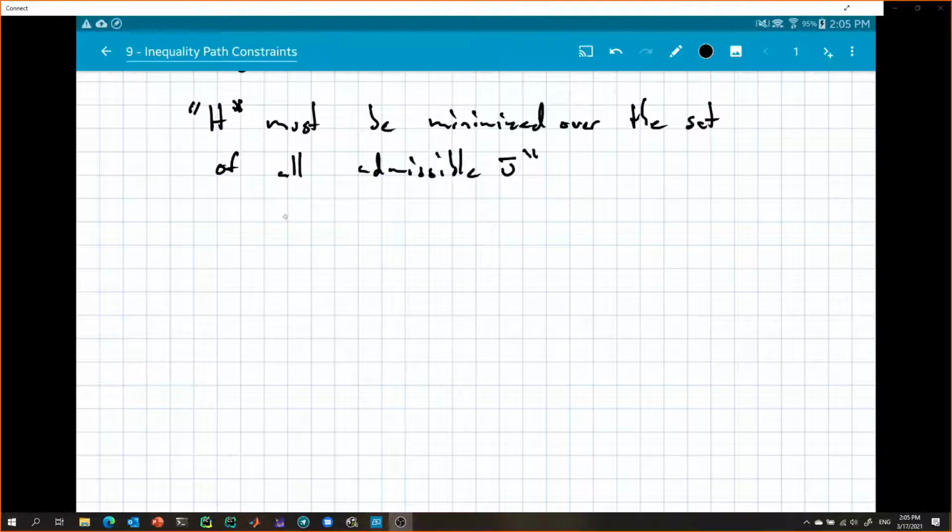So the way that looks mathematically is you have H, which is dependent on t. The optimal, so every star, I think I covered this prior, but when I say star, that's the optimal.